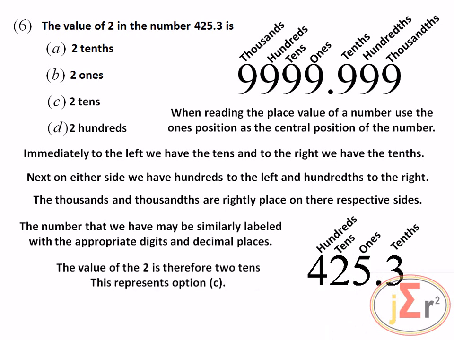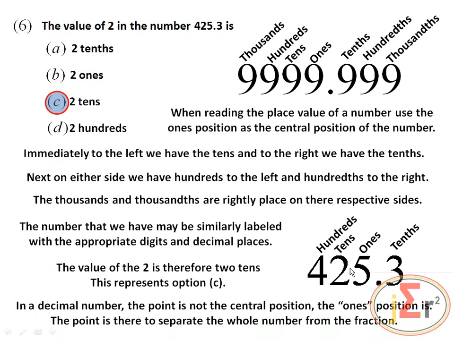The value of 2 is therefore 2 tens. This represents option C, 2 tens, as we have the labels right here. So we have ones here, tens, hundreds, and on the other side we just have tenths. So 2 tens.